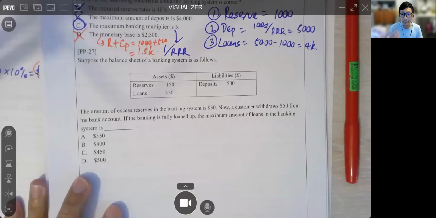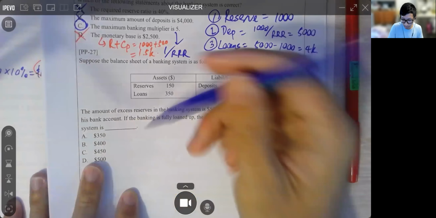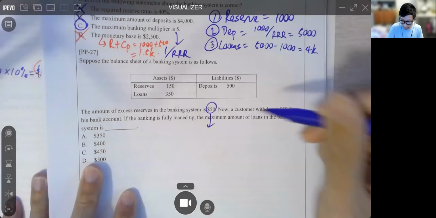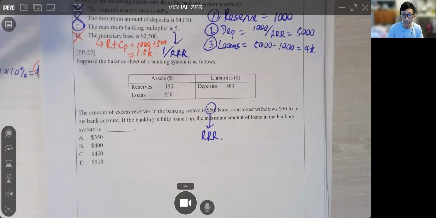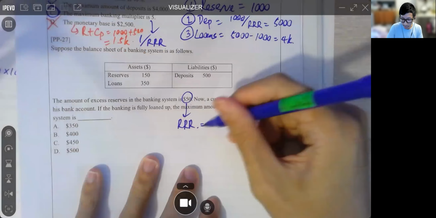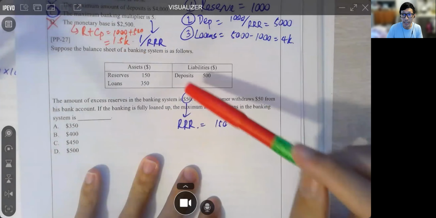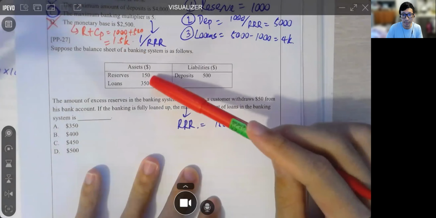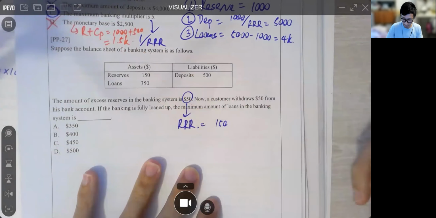Okay, now practice paper. Given this balance sheet, excess reserve of $50. 所以唔好諗啦。Immediately, let's calculate the RRR. How do we calculate? 150. 唔係喎。Since we have excess reserve, 150 is not the minimum reserve.